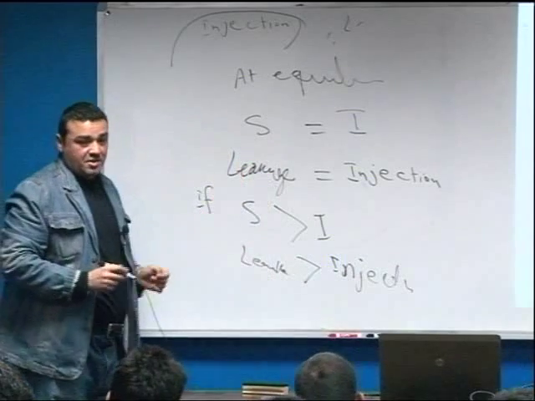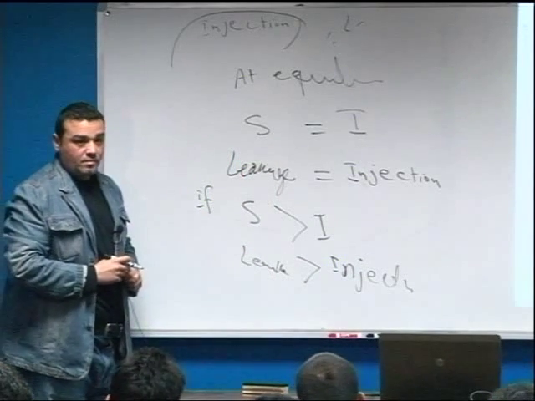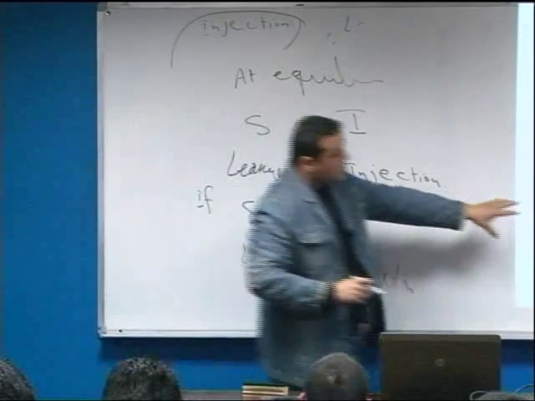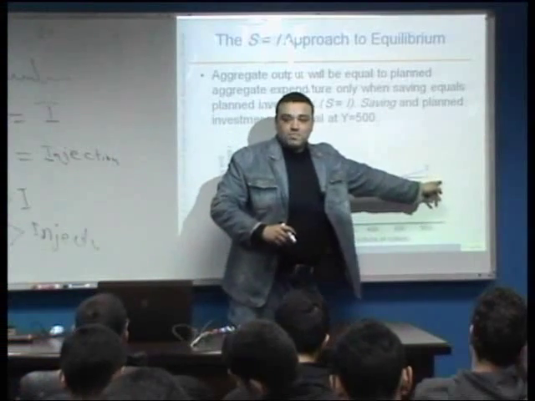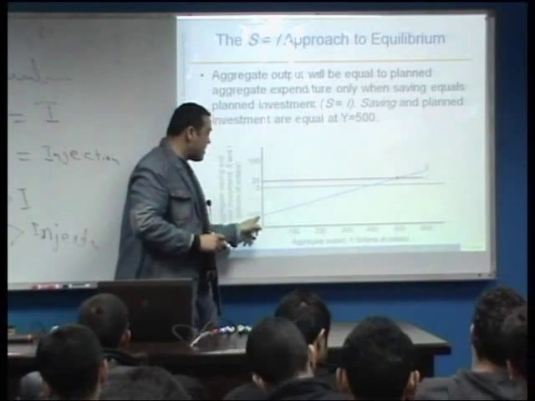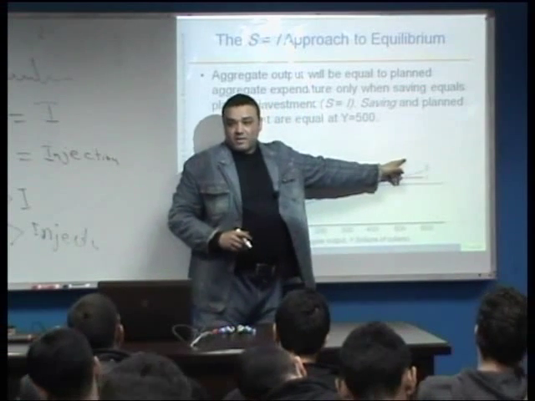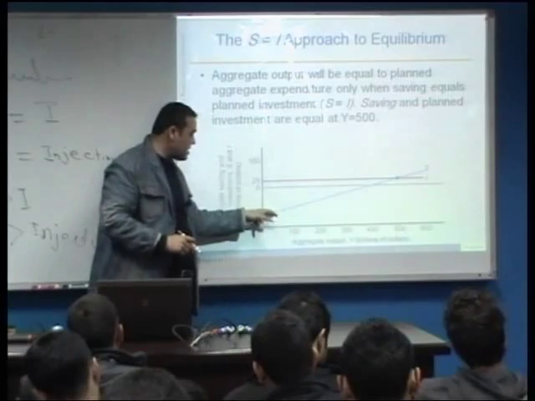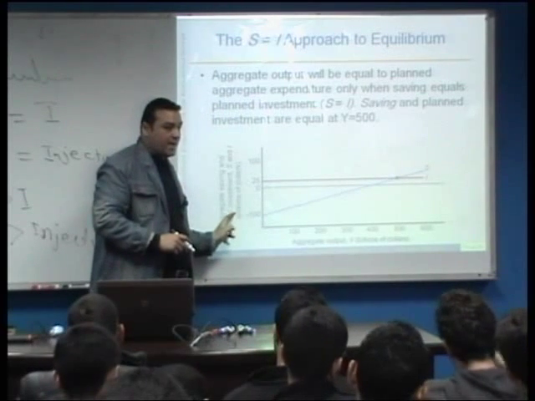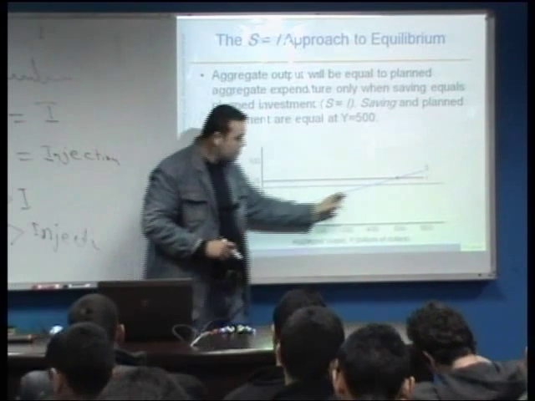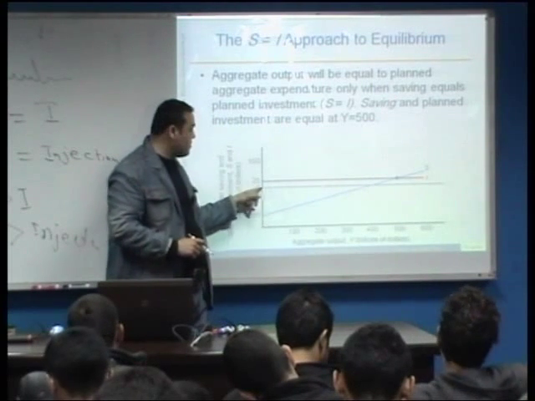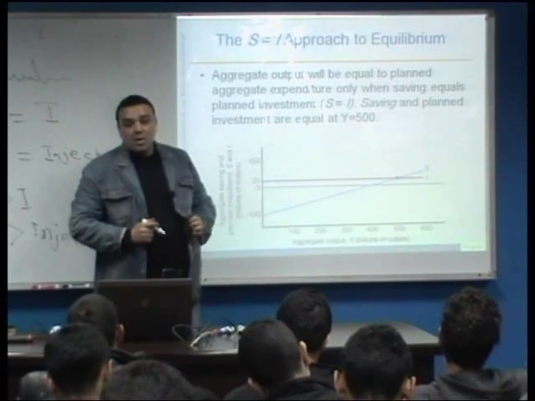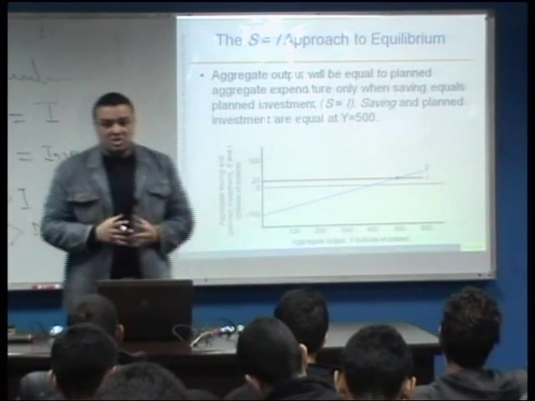We will see it in the diagram here. In this diagram, as you see, this is the planned investment, and this is the aggregate saving. The aggregate saving starts from minus 100. The planned investment starts from 25. Where is the equilibrium achieved?